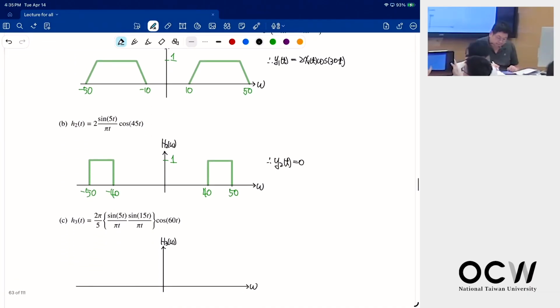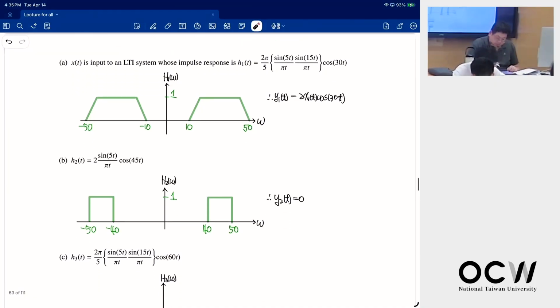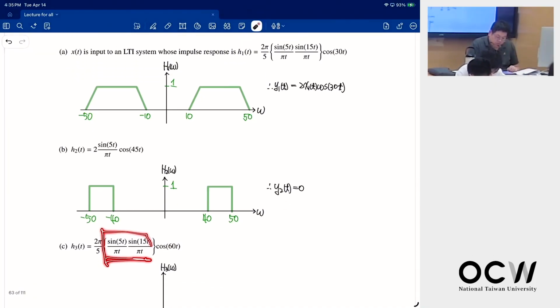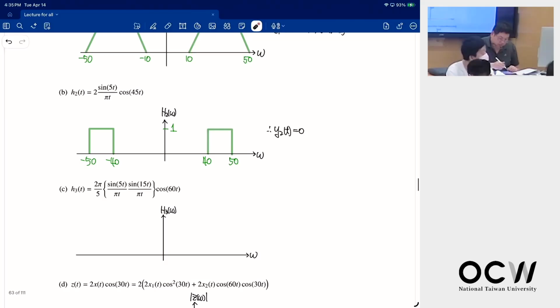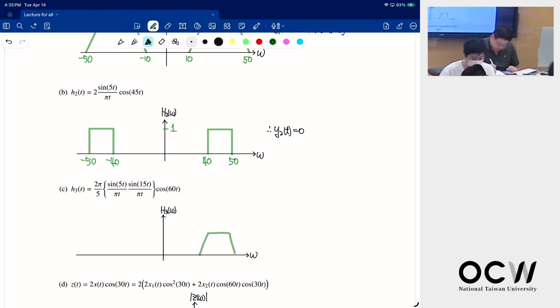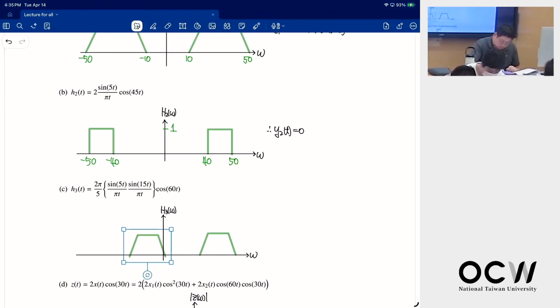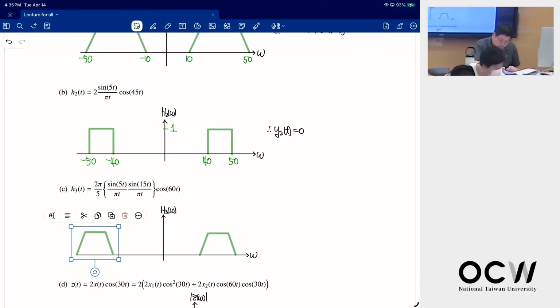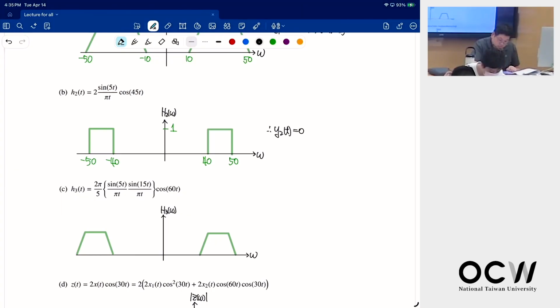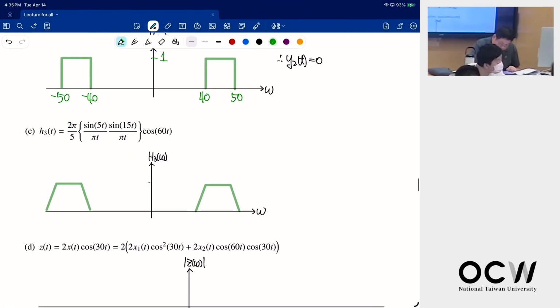Okay. Next, similarly, I have a trapezoid, shift by 60. So here magnitude is 1, 40 to 80, minus 40 to minus 80.